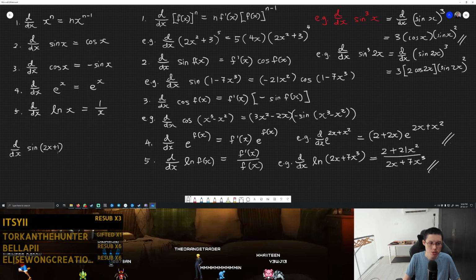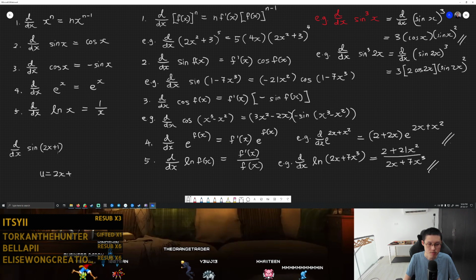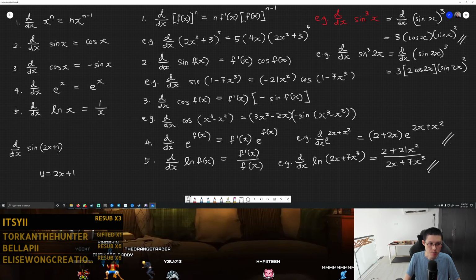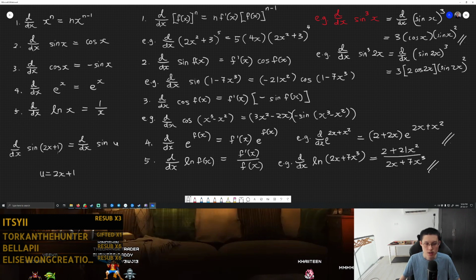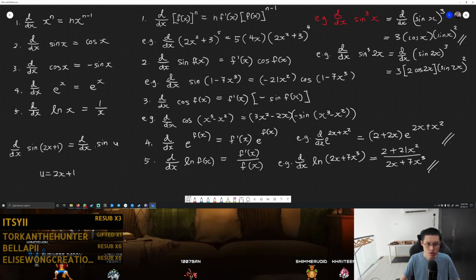Well, what we can do is we can replace the 2x plus 1 with a u. Okay, so now this is going to be d/dx of sine u. So sine u is just sine with an unknown, right? So you can just differentiate normally. However, the problem here is we're differentiating with respect to x, not with respect to u. So how can you differentiate with respect to u?